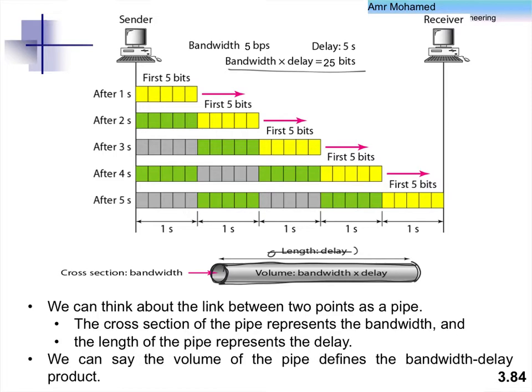For baseband transmission, we said that we take the digital signal, which has fixed duration, fixed voltage level in a duration of time. We transfer this digital signal over the line as is, and this is what we will talk about in chapter 4 in more detail.